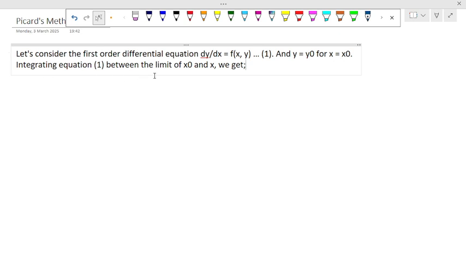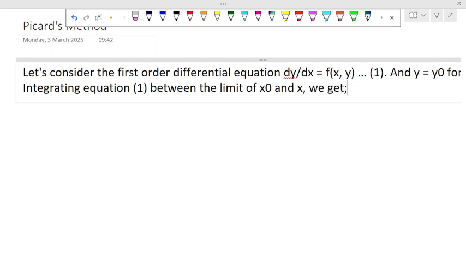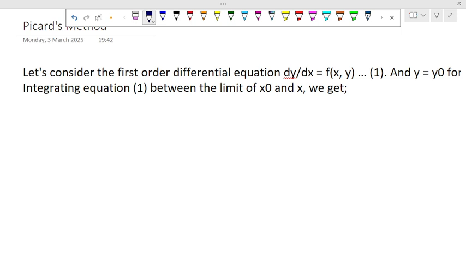If we integrate equation 1 between the limits x0 and x, this is what we'll have. Equation 1 is dy/dx equals f(y, x).